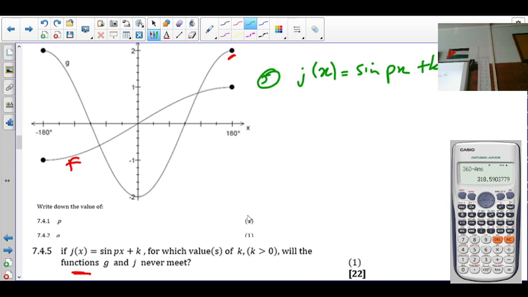So what is the graph of g of x? The graph of g of x was negative 2 cos x.